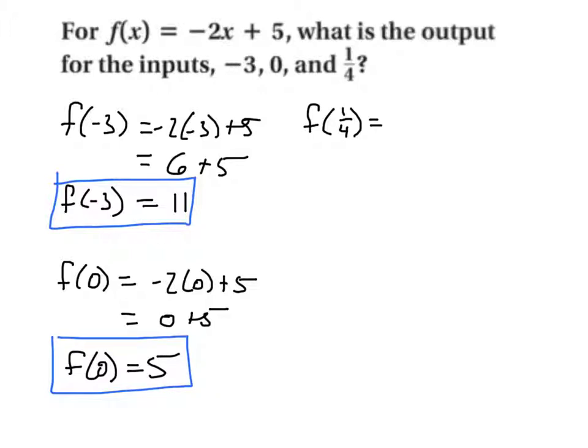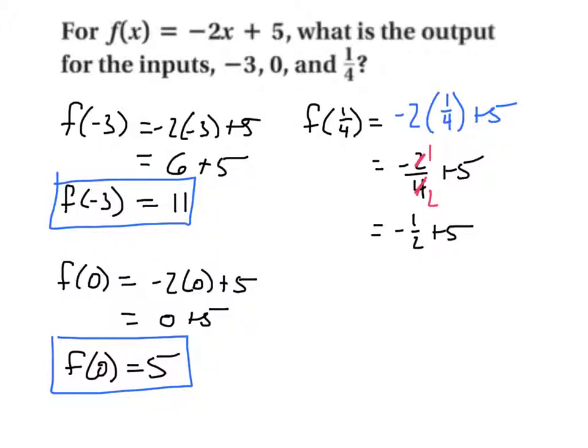Now, f of 1/4, you should not be using a calculator for this. All right, so plugging in, we have negative 2 times 1/4 plus 5. Well, multiplying negative 2 times 1/4 gives us negative 2/4, which reduces, right? Yeah, 2 goes into itself once, goes into 4 twice. So that means we have negative 1/2 plus 5.